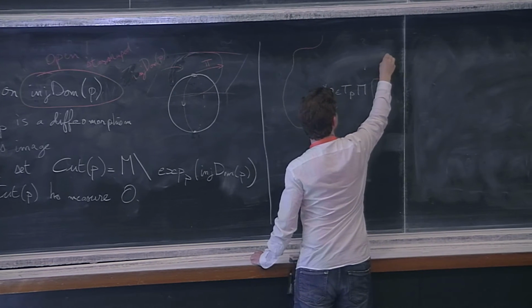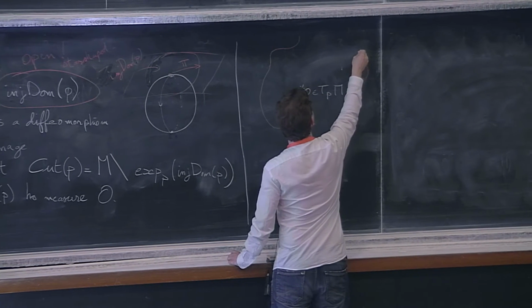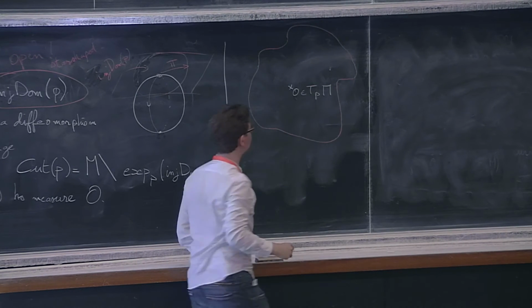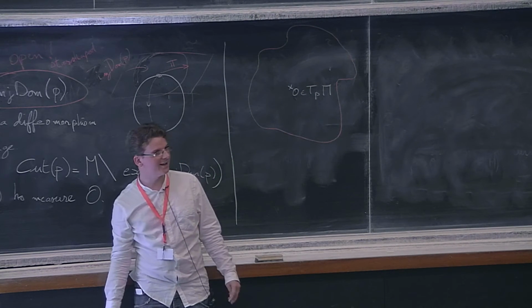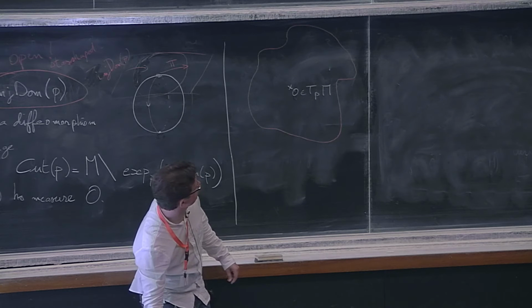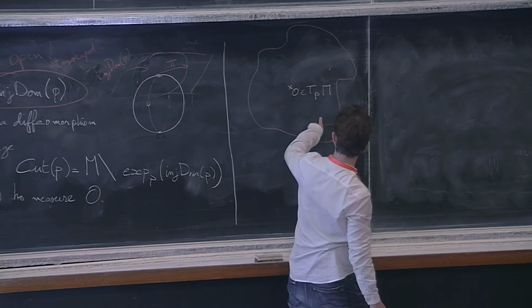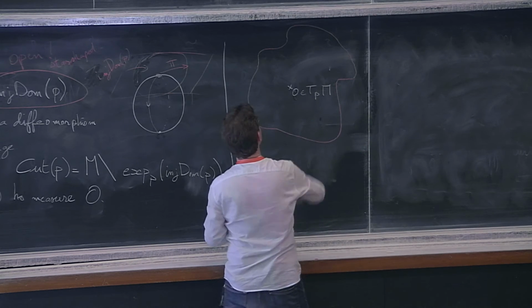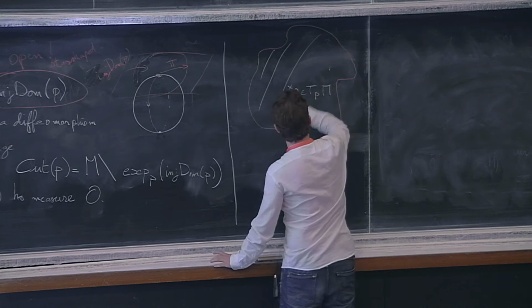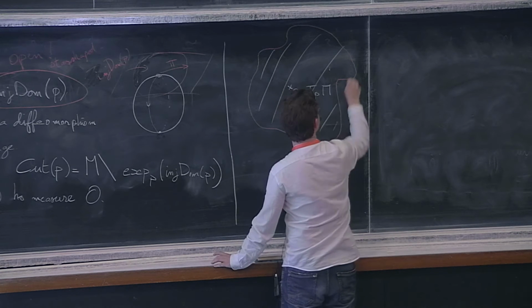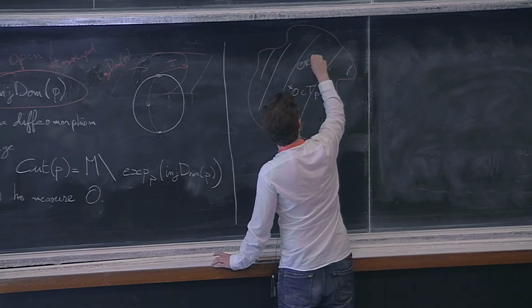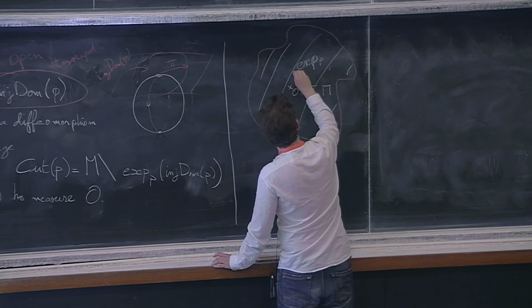It's not that easy to draw a random star-shaped domain. Yeah, I think I failed, actually. So all this guy will be a smooth coordinate chart. So exp_P is smooth, here is a diffeomorphism.